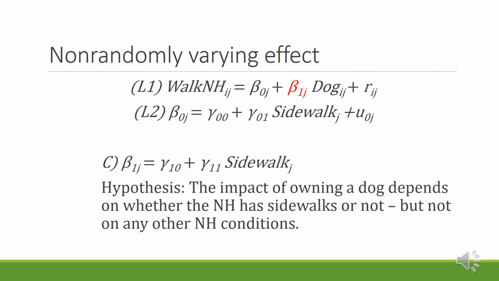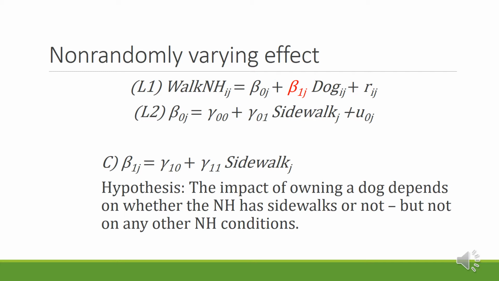So here's scenario number 3, and I've actually started to fudge a little bit with beta 0j as well. So now let's say we have this additional question of whether the presence or absence of sidewalks in the neighborhood has an impact on walking in the neighborhood, and specifically whether it influences whether people walk their dogs. So what you see here is that now we have a non-randomly varying effect.